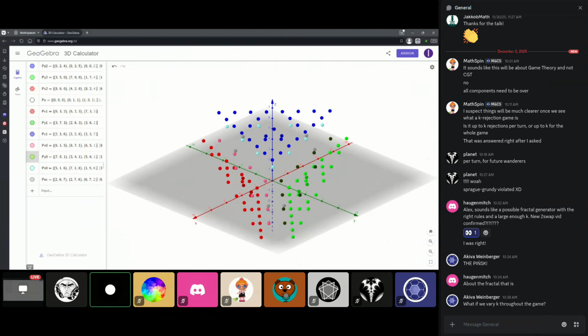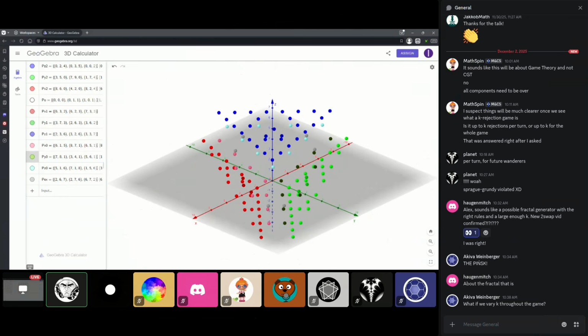Akiva Weinberger asks in the chat, what if we vary K throughout the game? Yeah, I saw that. The answer is I don't know. That would be a question of how you are varying K throughout the game.